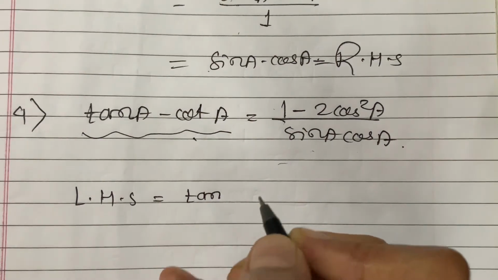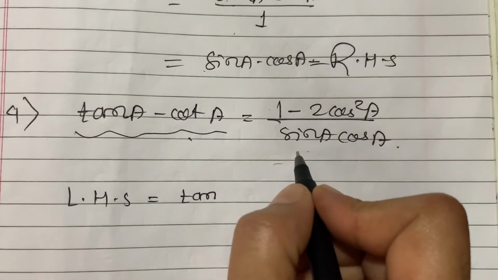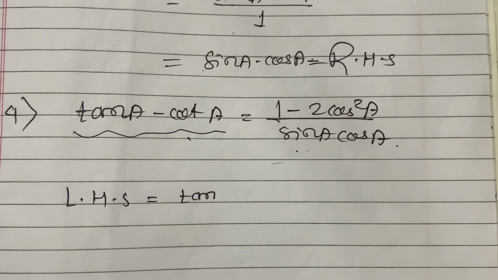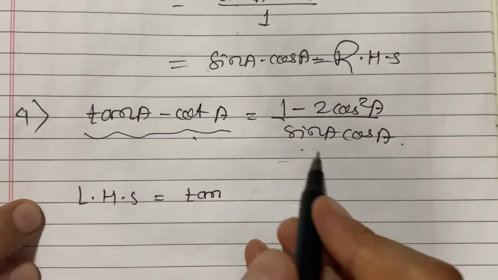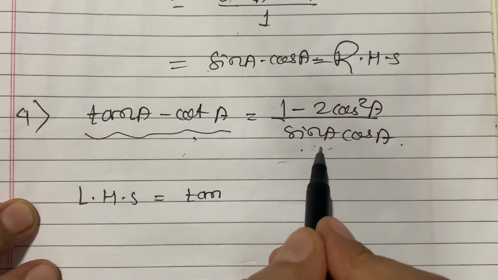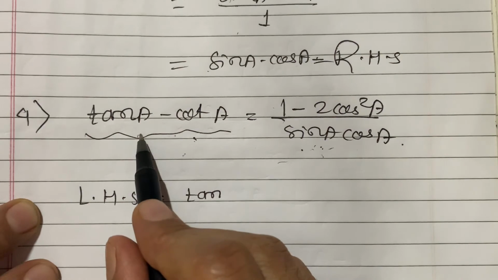Otherwise you can start from RHS also, no problem. In both ways it may be correct. Whichever side you think is complicated, you can start from the other and reach here. So I will start from LHS.